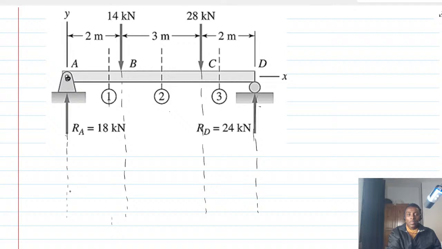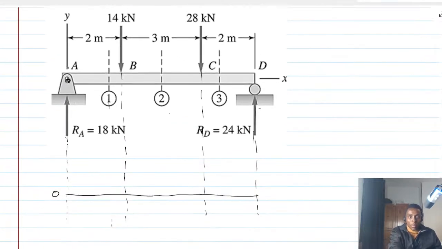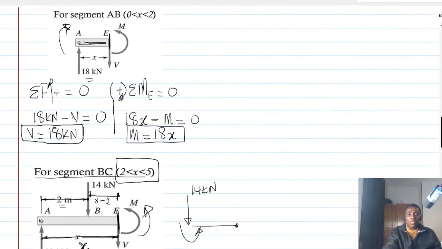So let's assume that our zero axis for the shear force is this. So we are done. We will go to section A and B. What was the first value we got?